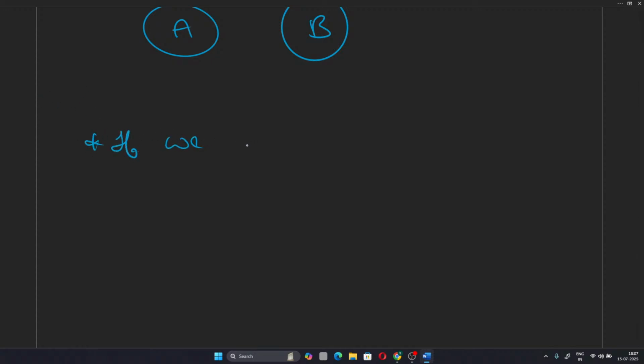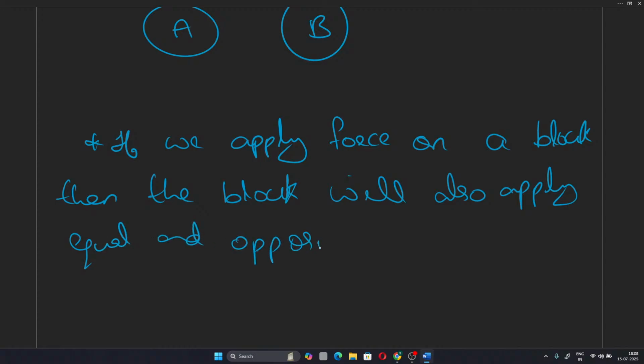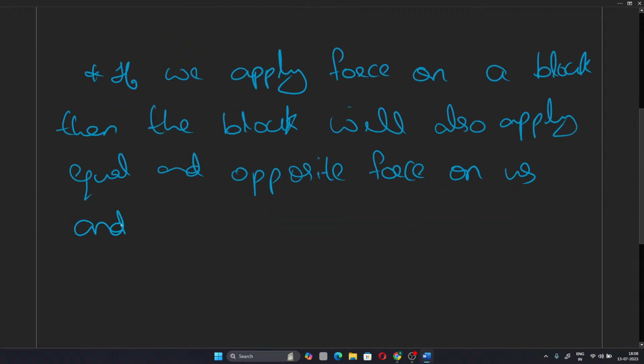If we apply force on a block, then the block, or a car, a trolley, whatever, will also apply equal and opposite force on us and our hands.